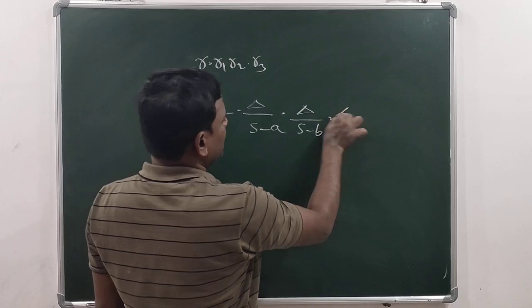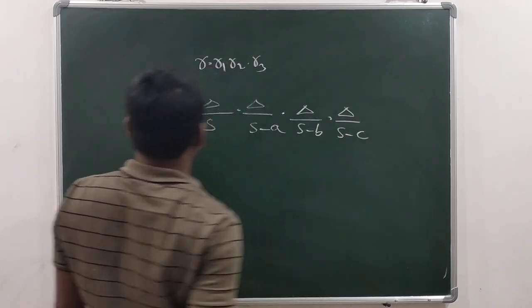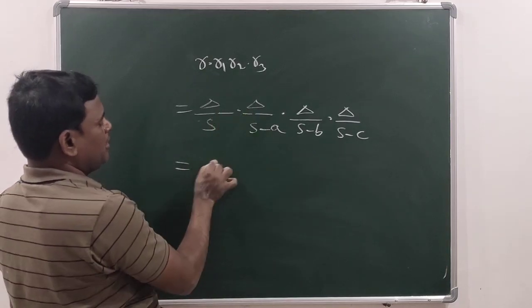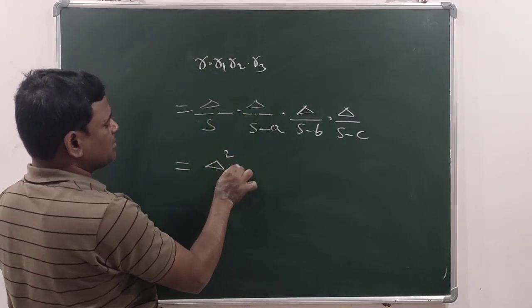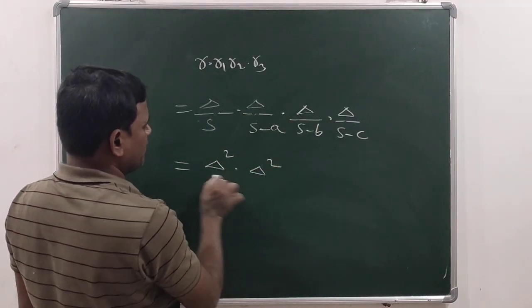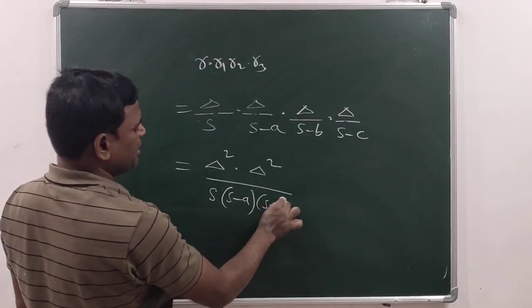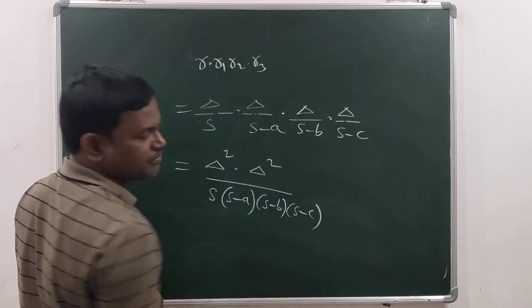Delta by S minus B, delta by S minus C. Okay, now simplify here. Delta into delta, delta square. Delta into delta, delta square. By, in the denominator, S into S minus A, S minus B, S minus C.